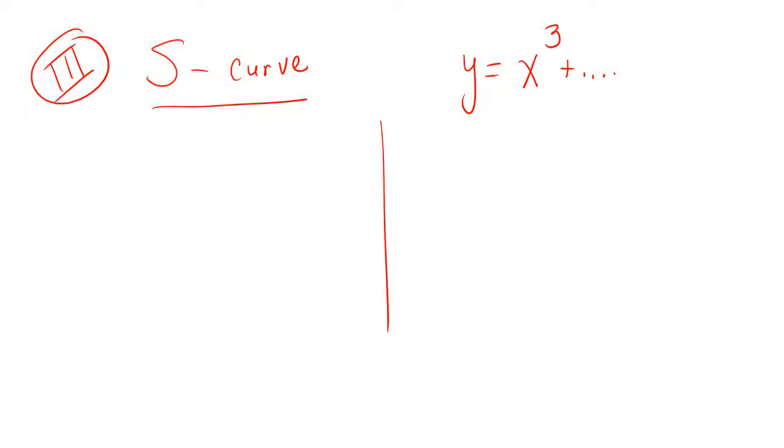The S-curve looks like this. It's as if it's a parabola on one side, but then it takes a twist or a curve in the middle and it continues down. Similar to what we see on a country road where there may be a twist in the road or a curve. This graph is an S-curve.